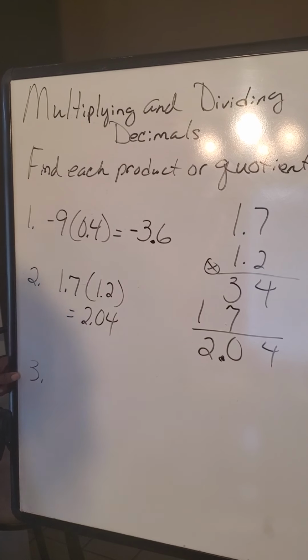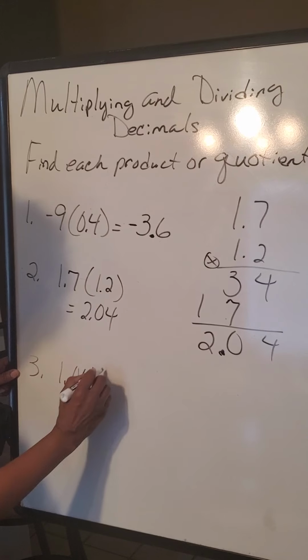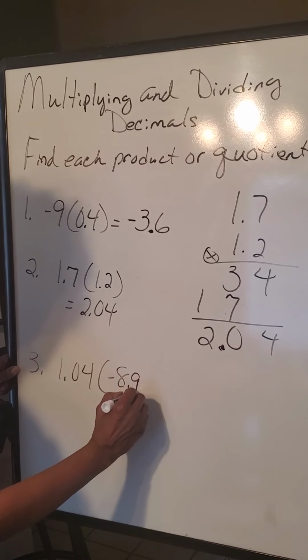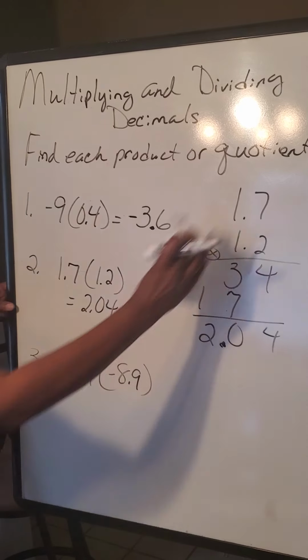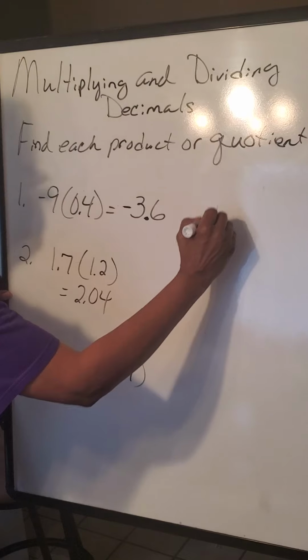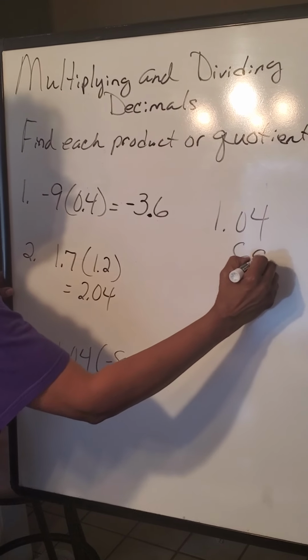Example 3. If I had 1.04 and I want to multiply it by a negative 8.9, I'll do the multiplication over here for you. So I'm going to take 1 4/100 and multiply it by 8 9/10.